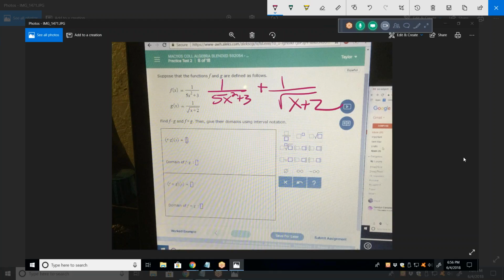How am I going to add those two functions? We would have to get like denominators. What's that common denominator going to be? I'd have to multiply by 5x squared plus 3 on the right side and square root of x plus 2 on the left side.